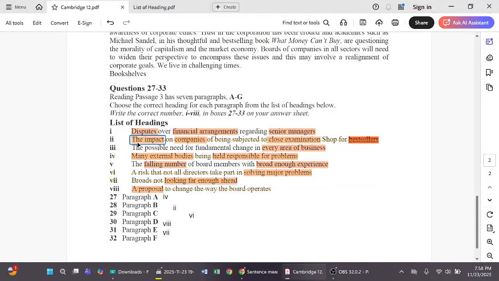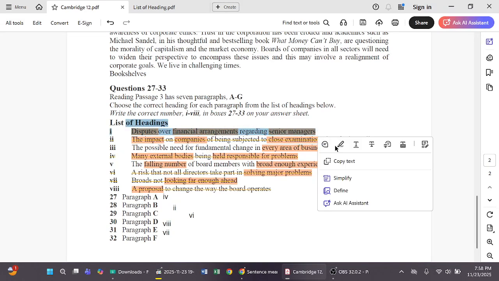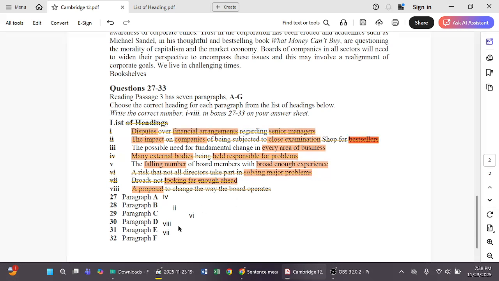So we can clearly relate it to the first list of headings, that is dispute over financial arrangements regarding senior managers. So this is the answer. For paragraph F, this is number 1.